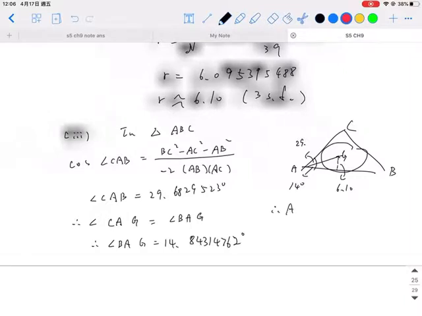So AG will equal 6.10 over sine of angle BAG, because this is a right-angled triangle. So this is R, this is A, this is G, and this is 14 degrees. So you can get AG is 23.8 cm. So that's the end of the last question in worksheet 6.